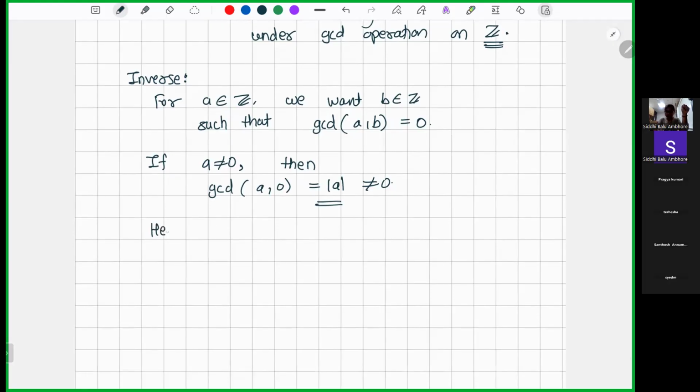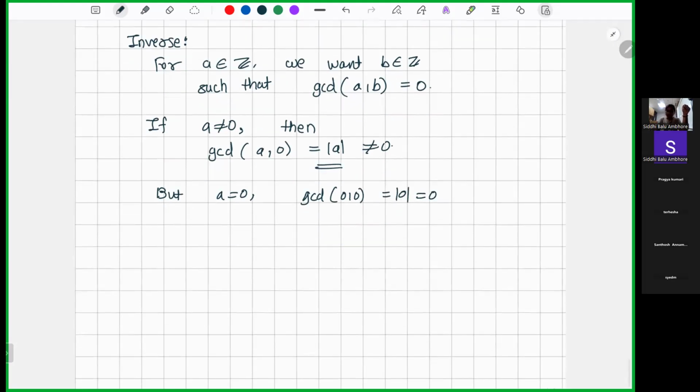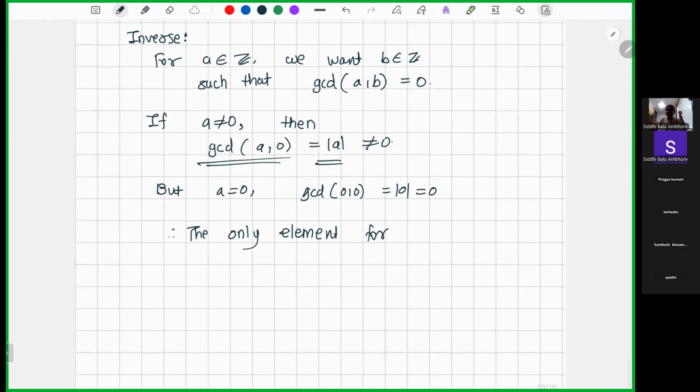But for A equal to 0, GCD of 0 and 0 is mod 0, as we have defined. So the GCD greater than or equal to 1 argument was not needed here; just the way we have defined the GCD for integers directly gives us that for any non-zero integer, the inverse won't exist.